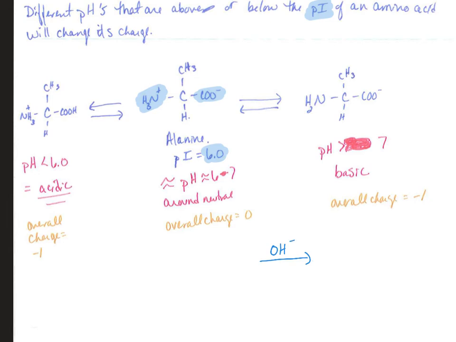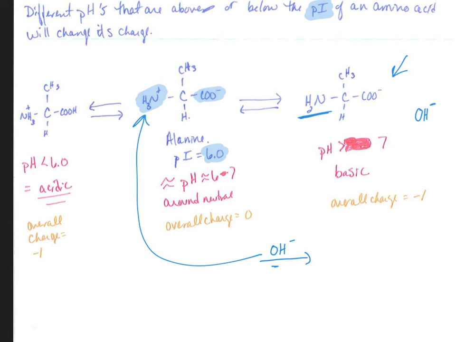So if you're adding an OH minus, this is like adding a base and getting to a higher pH. Well, this guy is a base, and he wants to go over here and grab a hold of one of those hydrogen. And when he does that, that means that this nitrogen over here loses one of those hydrogen. And so in a higher pH, this would be like more basic situation. Bases are negative. You're going to have a negatively charged amino acid.